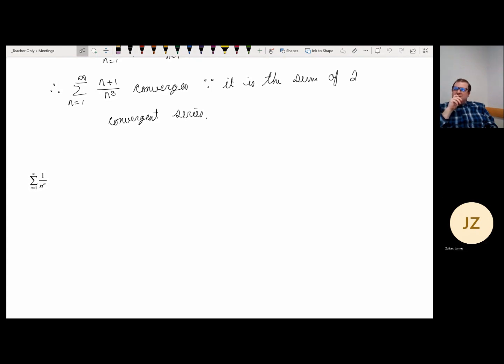How would you go about showing it converges? You don't need to go into detail, just give me an outline, like what test would you use? Like, show it as a geometric series, and use R being 1 over n. That's not geometric. R has to be constant to be geometric.